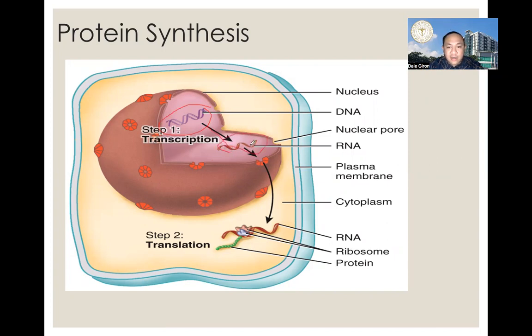Now that single-stranded RNA will go to the cytoplasm, and that RNA will be copied and translated to become an amino acid to synthesize a protein. Because when you say protein, they are building blocks of amino acids. So you have to have amino acids first, or a polypeptide sequence or amino acid sequence, before you produce a protein.